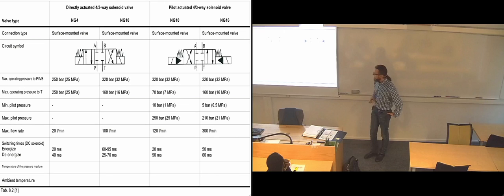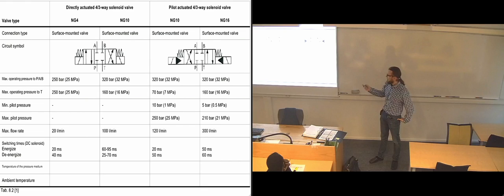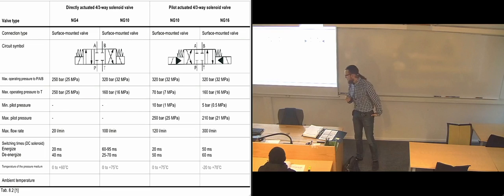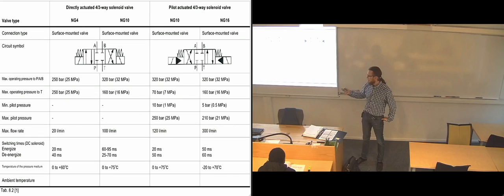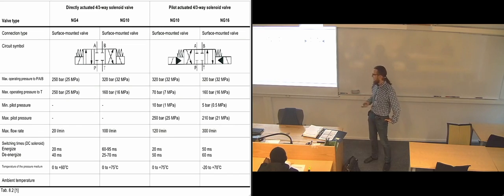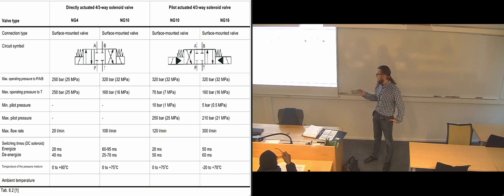And the same goes for the larger one, which is 3 times the flow rate from this one and still approximately the same response time on the solenoids. Then we have the temperature of the hydraulic fluid itself. So not really all that much of a difference.